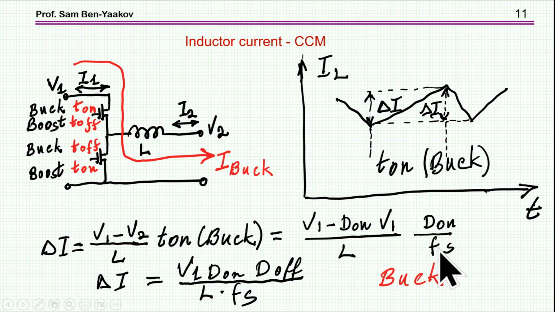And I'm getting this classical equation, which says that the peak-to-peak ripple is V1, this is voltage here, D on, D off over L, and the switching frequency. Now, this expression has a maximum when D on is equal to D off, 0.5. So the product is 0.25. This is the maximum point of this function.